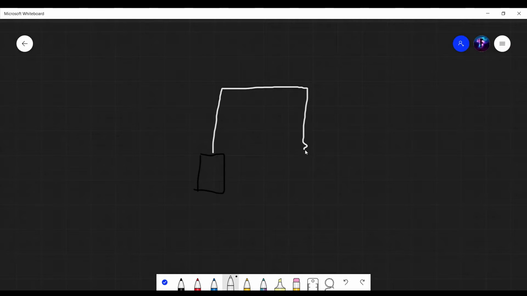And resistors usually look like this. Sometimes it can be in a light bulb or inside the object, but we're just going to use this as a resistor. So I'm going to write plus. This is the plus. This is the minus. And this is plus.